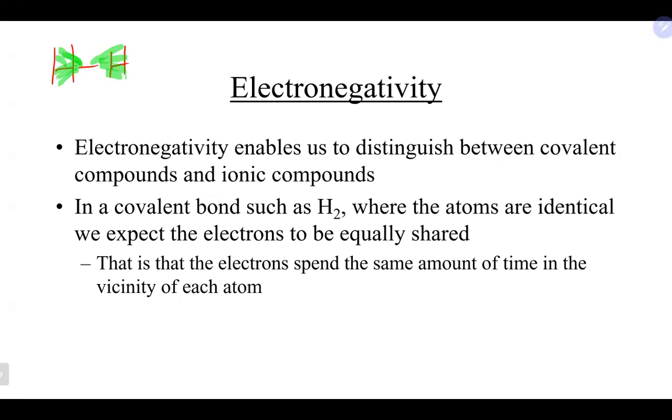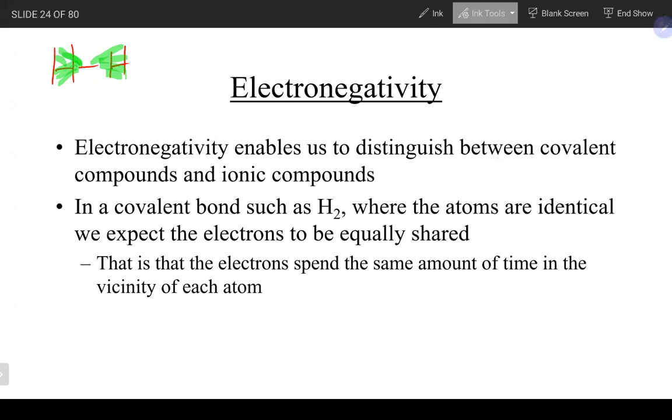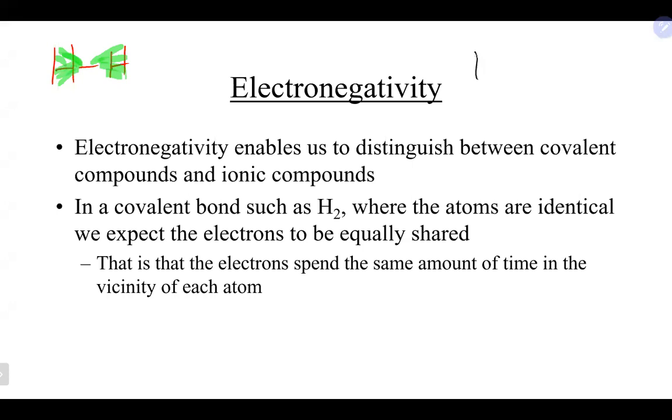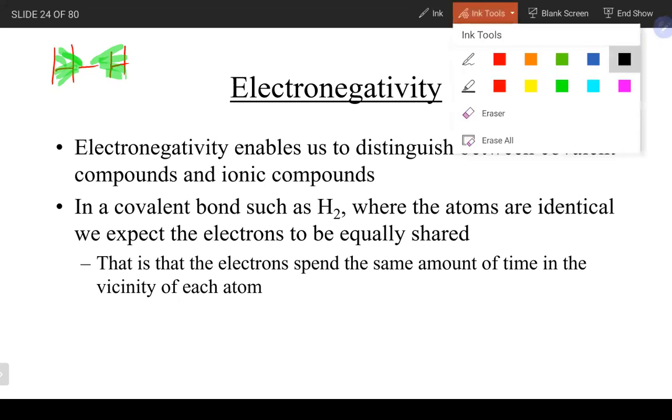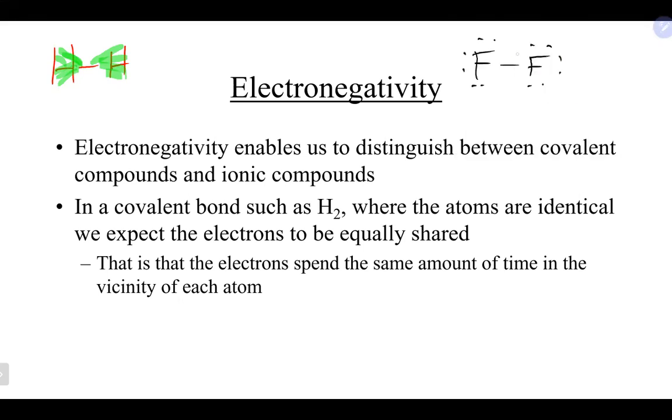The same thing applies if we had our fluorines that we also saw earlier. Each of them is going to have pretty much the exact same pull on those electrons in the center.